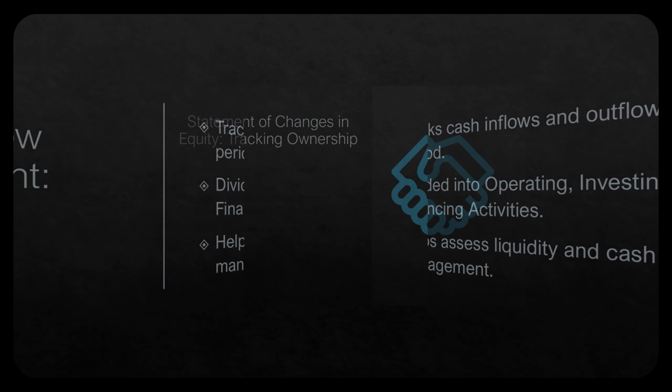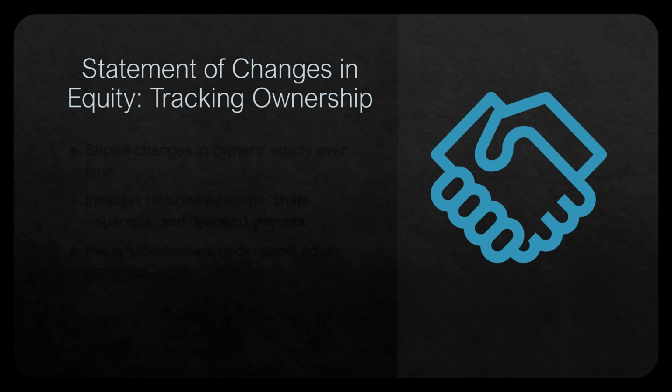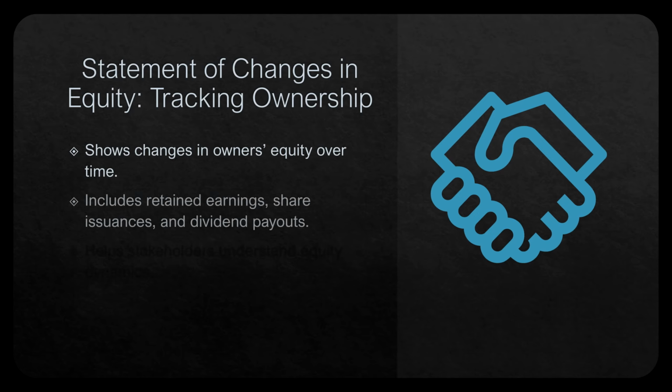So next, our final statement is the changes in equity, tracking ownership. That is what this statement is for. It shows the changes in owner's equity over time. This includes retained earnings, share issuances, and dividend payouts.